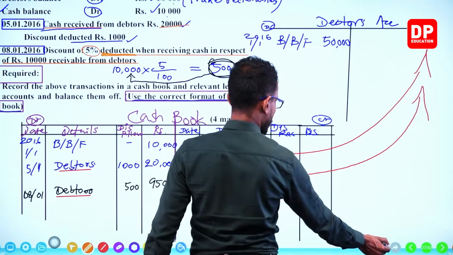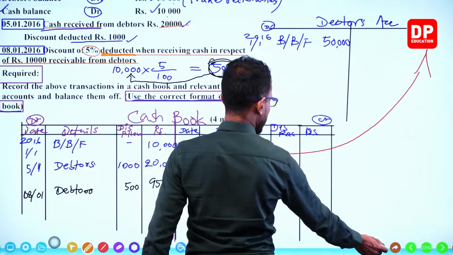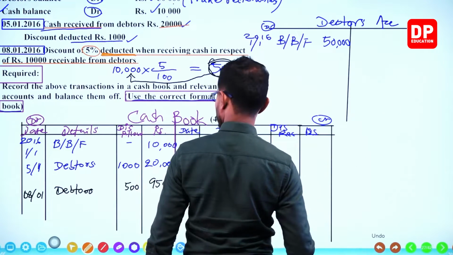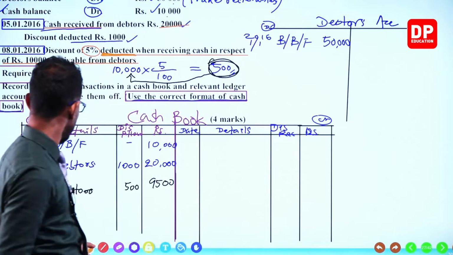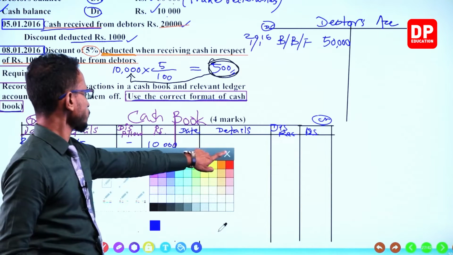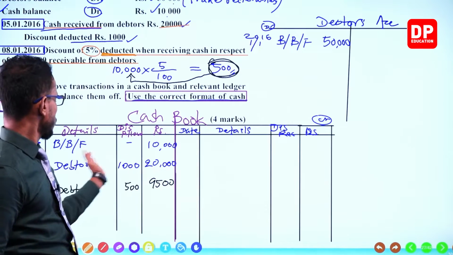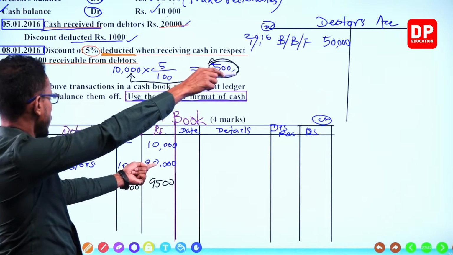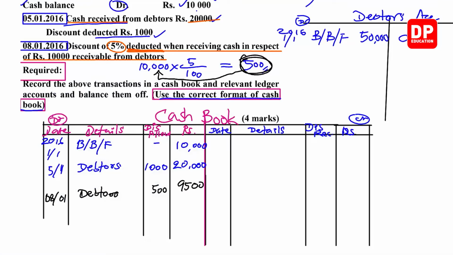Okay. So I'm going to take off these ugly arrows, and I'm going to put the amounts onto the credit side. Cash 20,000. Discount allowed 1,000.